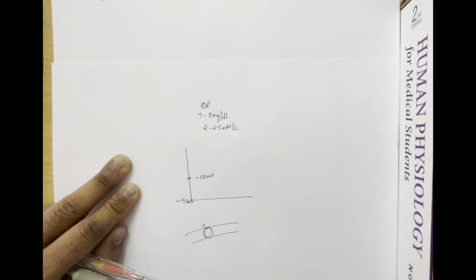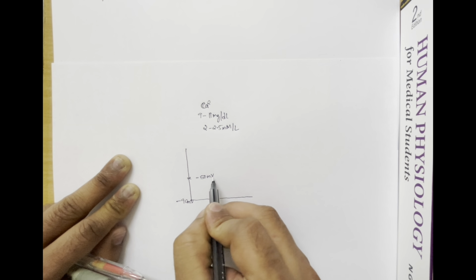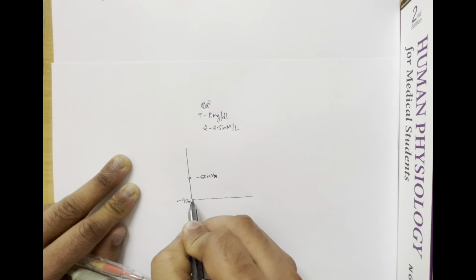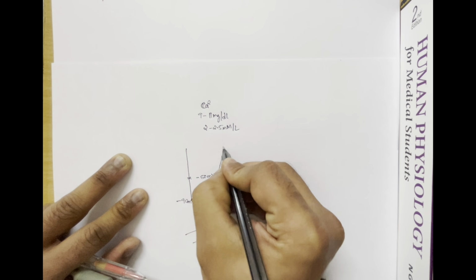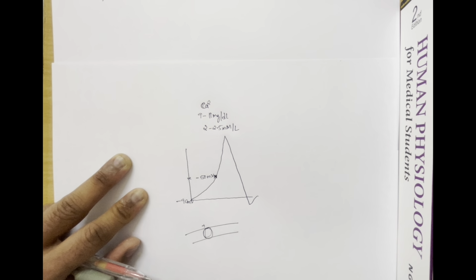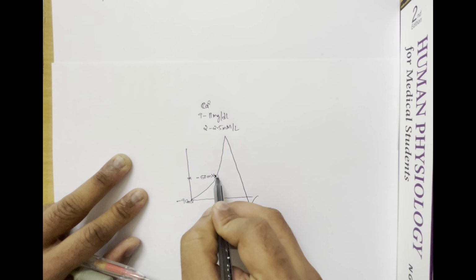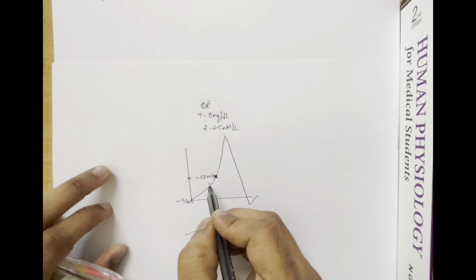So that means the membrane potential from the resting level of minus 90 millivolt is taken to minus 50 millivolt. When the membrane potential is taken to minus 50 millivolt, the action potential is generated in the skeletal muscles. So this is the firing level, the threshold potential of minus 50 millivolt.